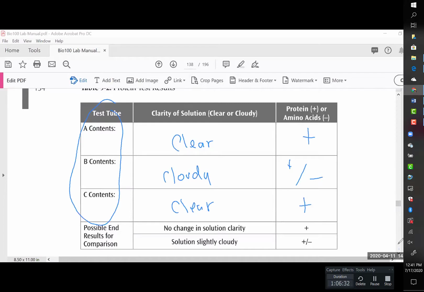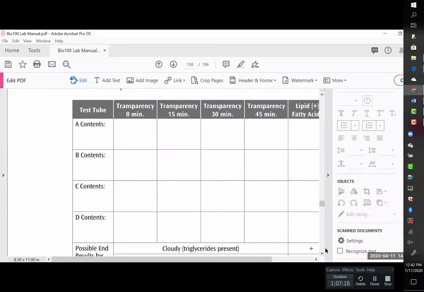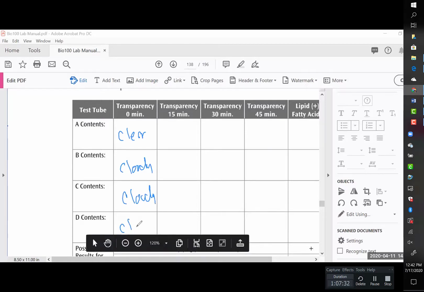I'm going to scroll down a little bit here if I can. Over here, our transparency was clear. Cloudy. Cloudy and cloudy. Clear.